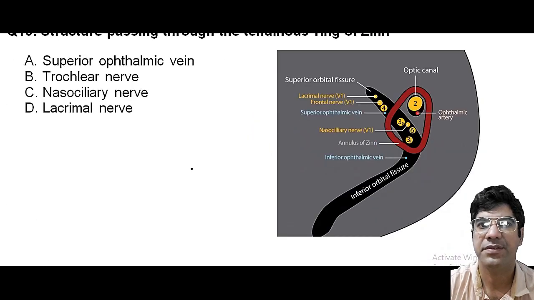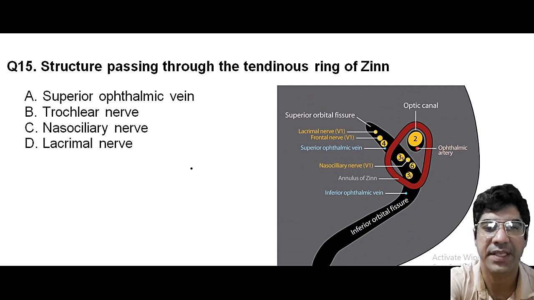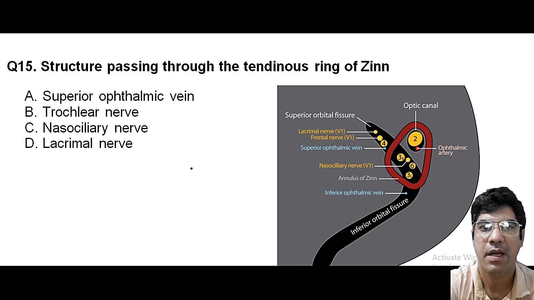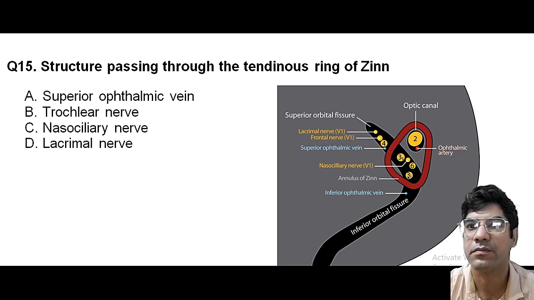The structures that pass through the tendinous ring of Zinn. The answer is C, nasociliary nerve. The nasociliary nerve, a branch of the ophthalmic nerve, passes through the tendinous ring of Zinn. So this is the tendinous ring of Zinn.